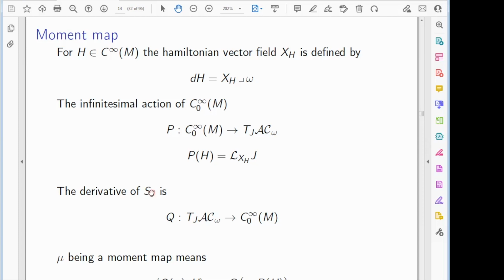And then this being a moment map means that if you act by, so I'll say act by alpha, a tangent vector, then acting on here, this just acts on the part that depends on J, which is the scalar curvature.